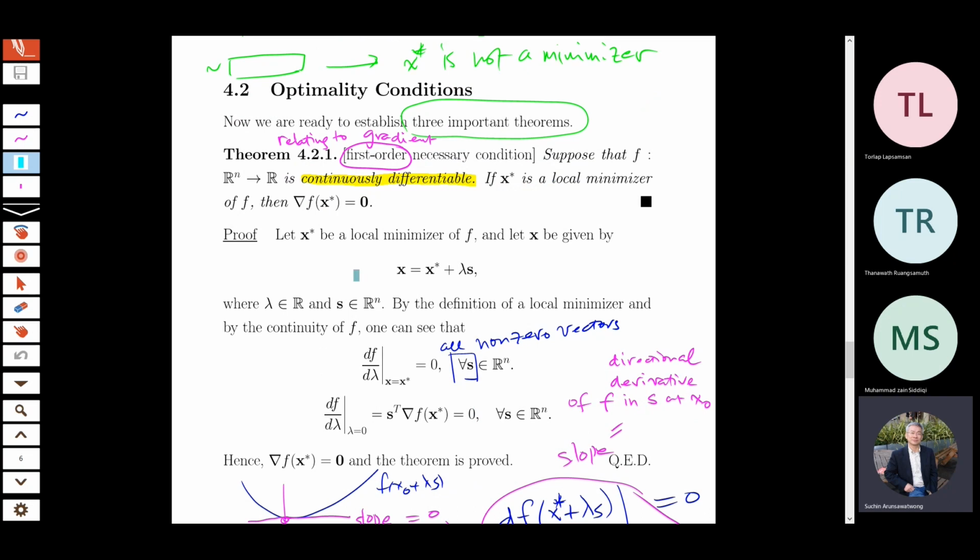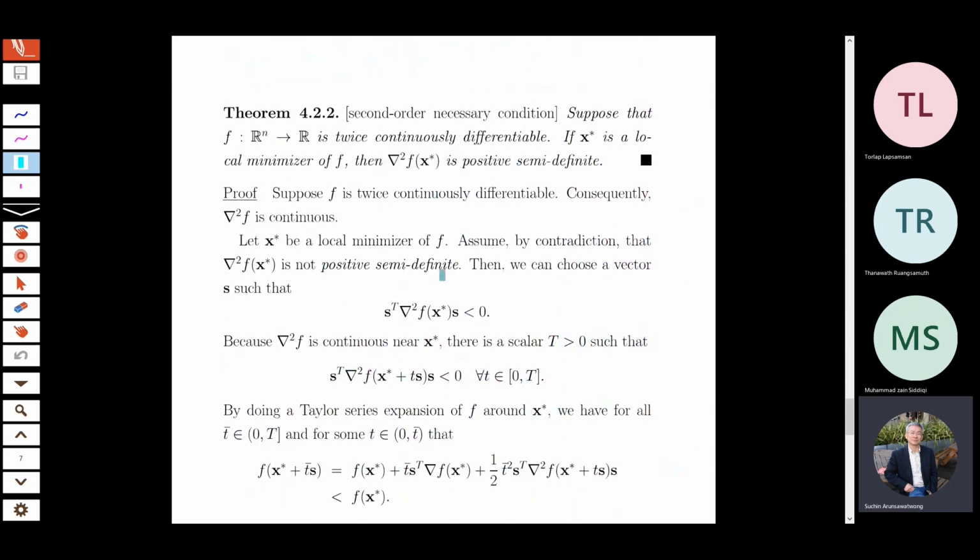Then today we will move to another necessary condition. But this is stated in terms of the Hessian matrix, and therefore it's called second order. Again, here we have to make an assumption.